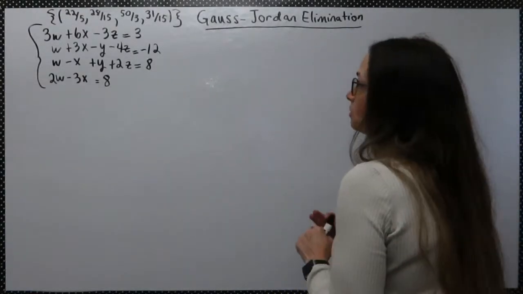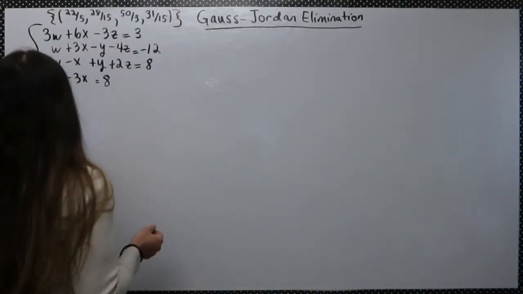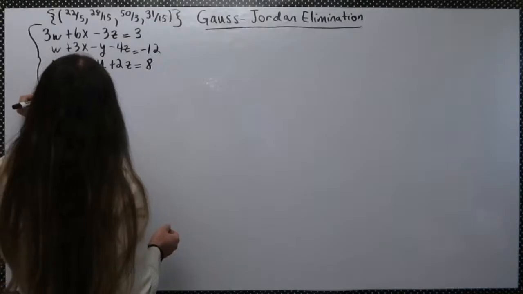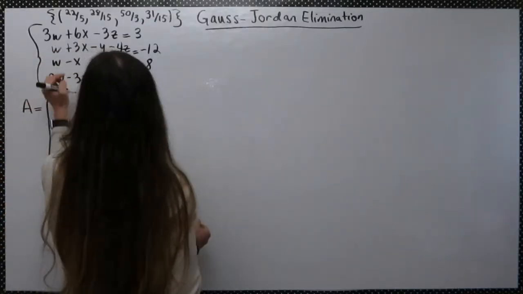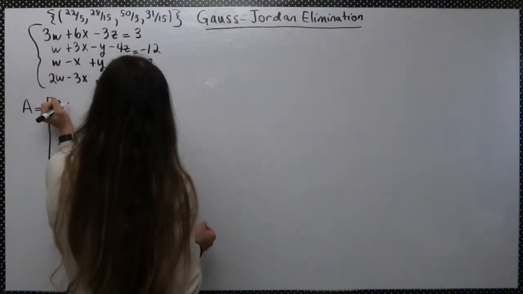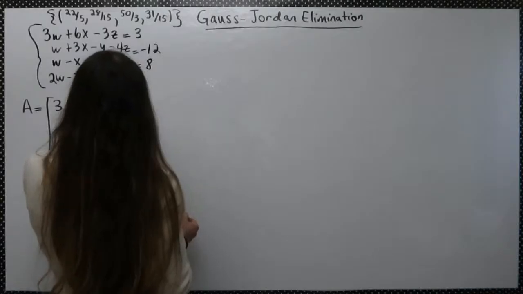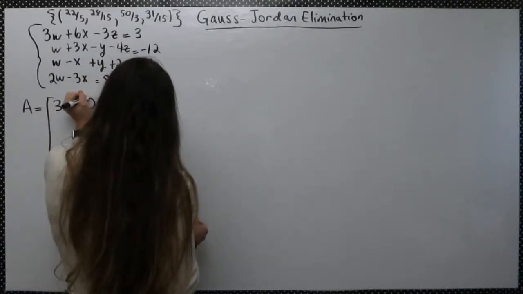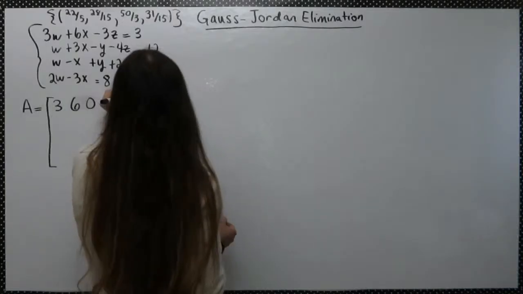So let's go ahead and redo this one. We'll name this one A. We're going to augment this matrix and just list in the coefficients. 3, 6, 0, -3, and then 3.